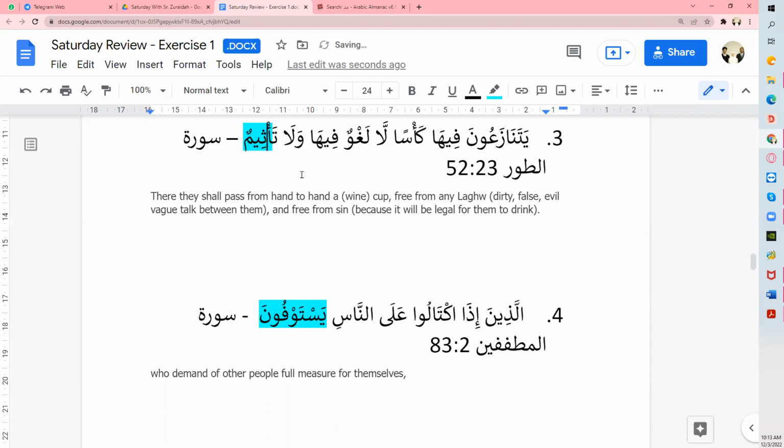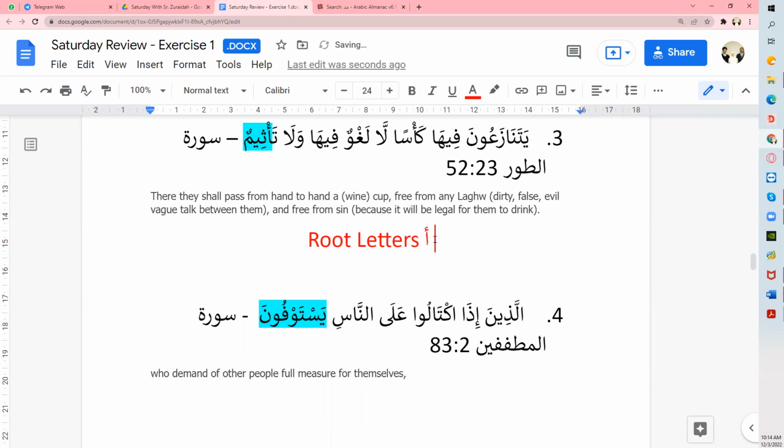Okay, ta'simun is the mudhari', from asama yasimu. Now you just gave me the active one. The root letters, let me put the root letters. Hamzah, ta, mim.